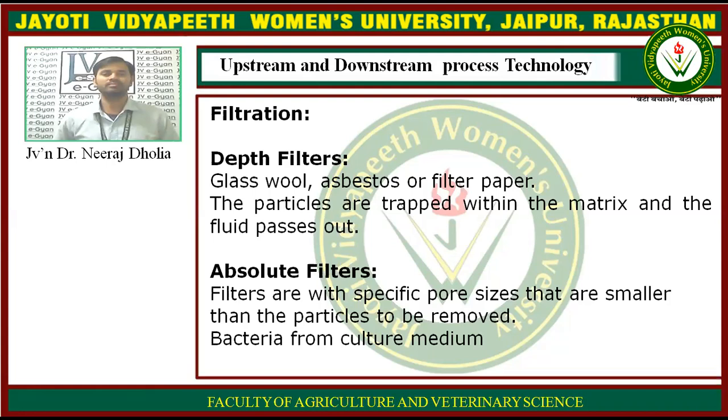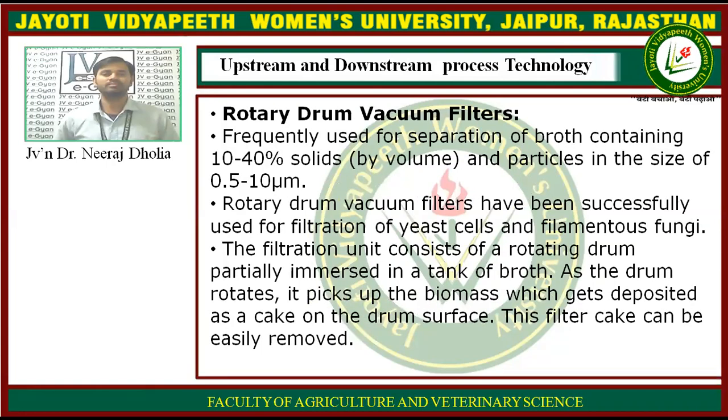The absolute filter is generally used for separating bacteria from the broth culture or culture medium. Next is the rotatory drum vacuum filter. It is a specific type of filter where the membrane or filter is made in a drum-like structure.